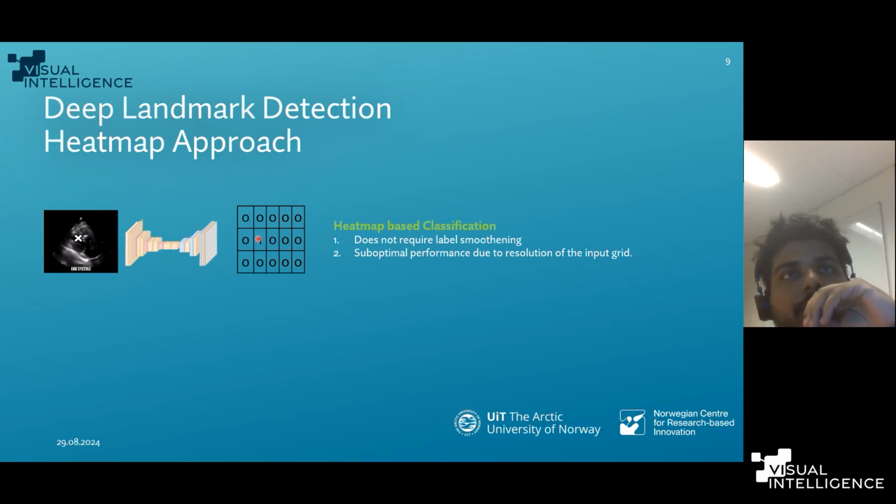So to summarize, the regression-based approaches suffer from the label smoothing problem, and classification-based approaches depend on the resolution of the input grid to find the optimal location of the landmark.